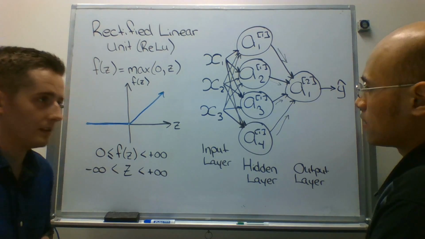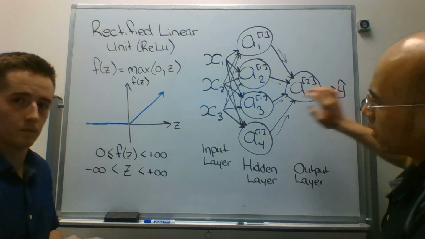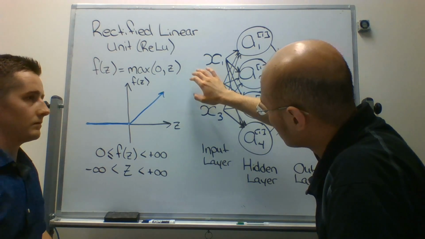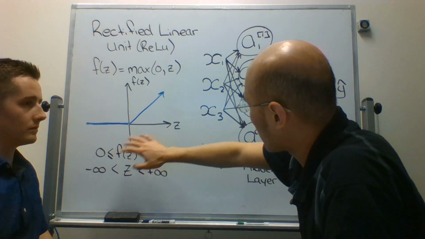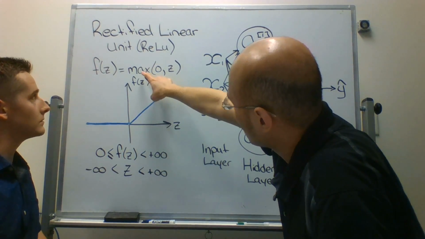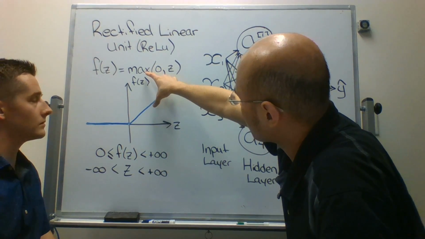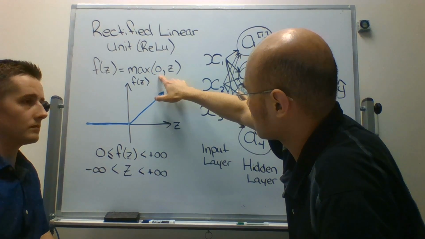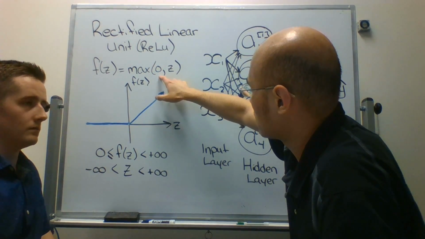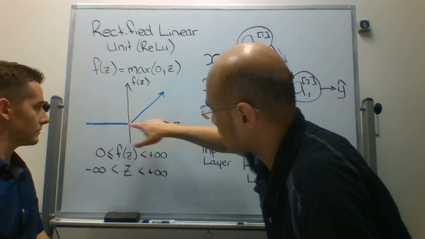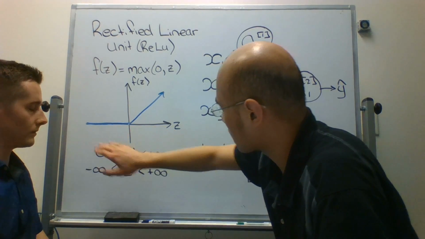So this function looks like the identity function, f of z equals z, except that the minimum has to be 0. When z is negative, f of z is 0. It can't be any negative value.